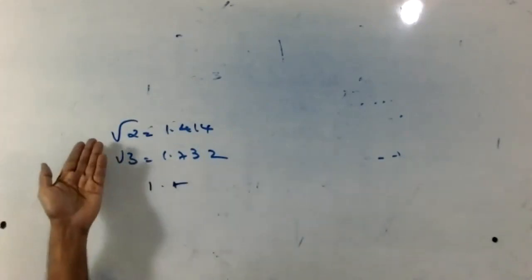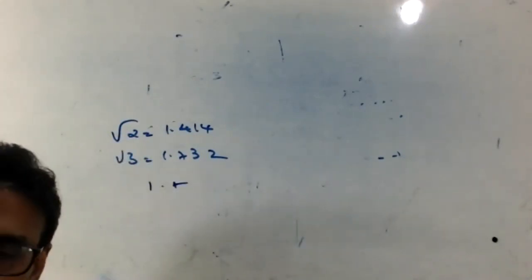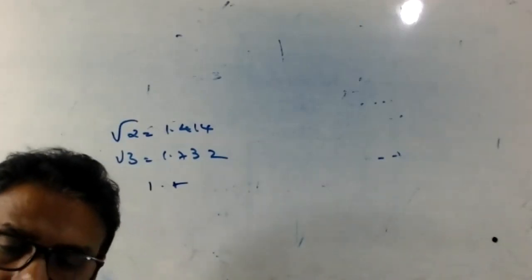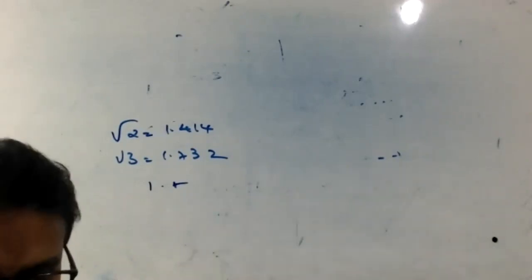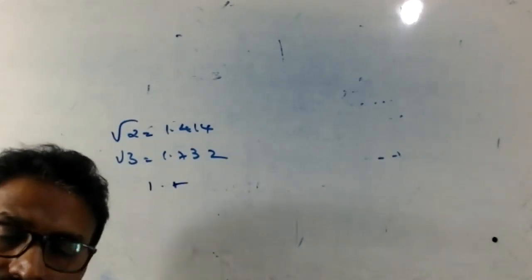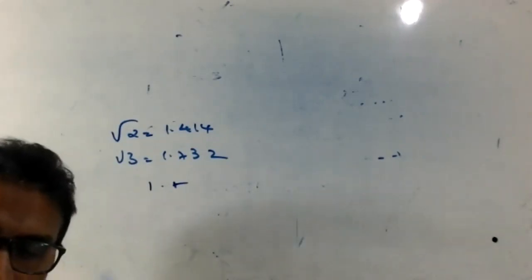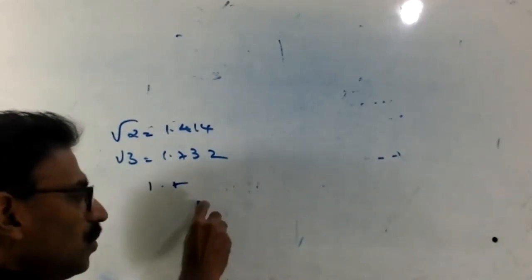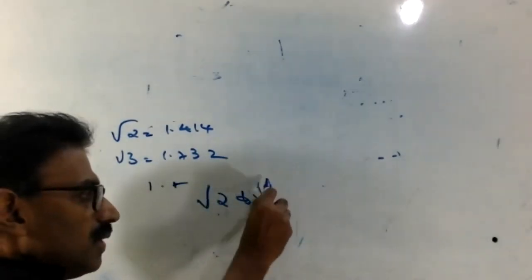Now my question is still here: root 2 and root 3. Write a number, and correct that question. Write a rational number between root 2 and root 3.